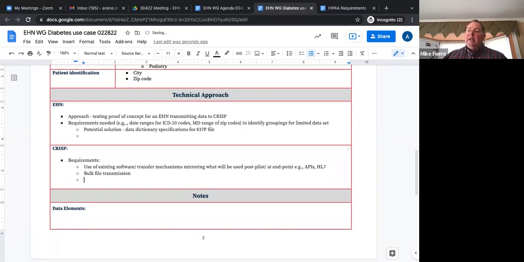Whether the EHNs limit the data they send to us, or we could conceivably build an API that limits the fields that it pulls, we could have a single API that the EHNs could hit that would only pull a limited data set. So there are several ways we could make it a lot easier on the EHNs while being compliant with the limited data set while we work out these other concerns we have.